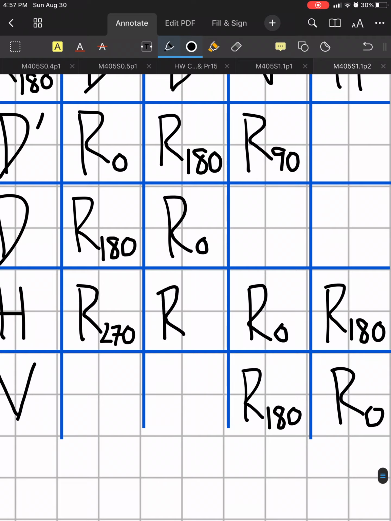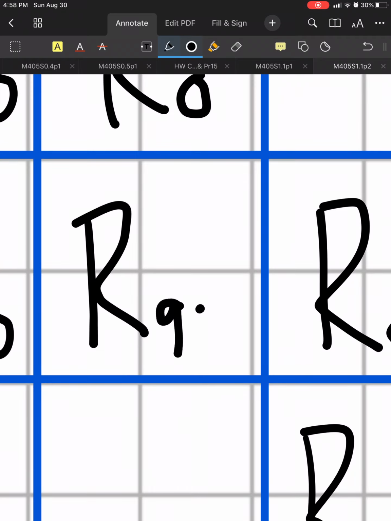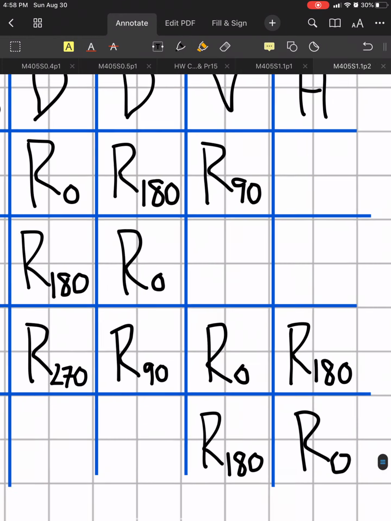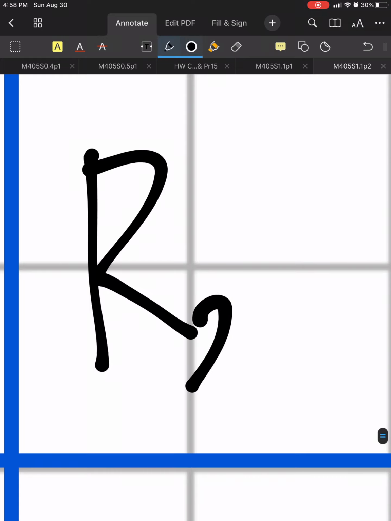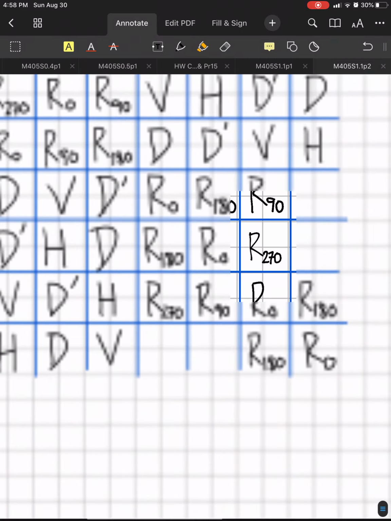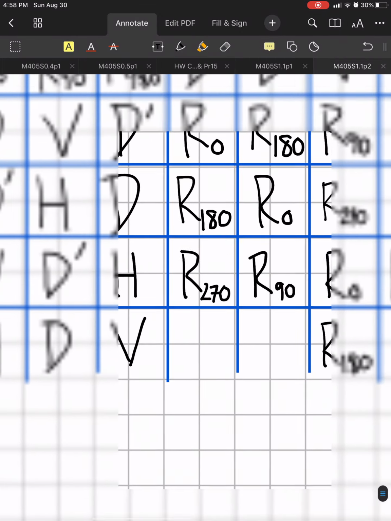This, we get an R90. Here we get an R270. Here we get, what's left? R90 here.